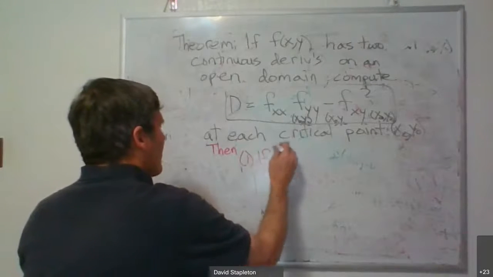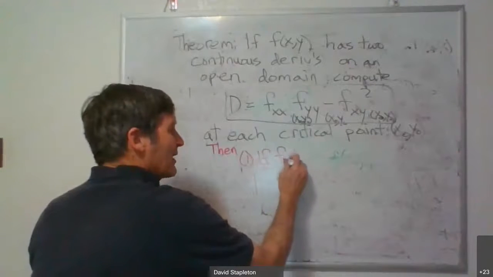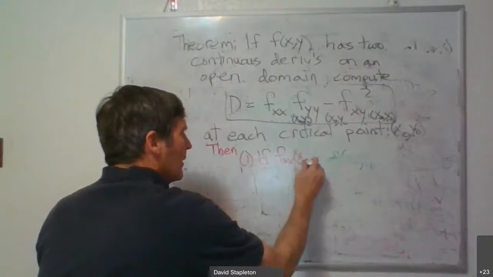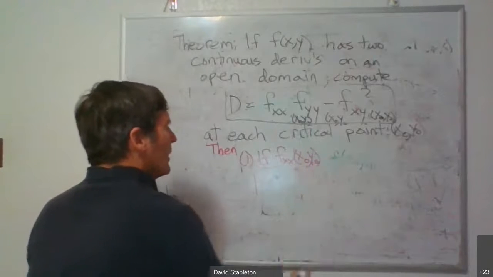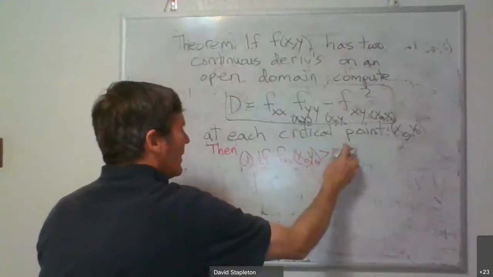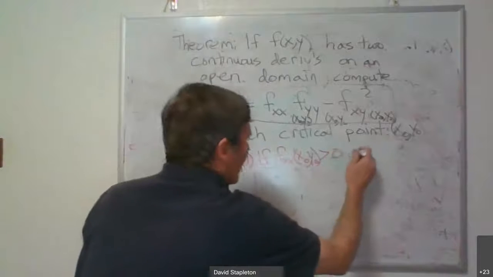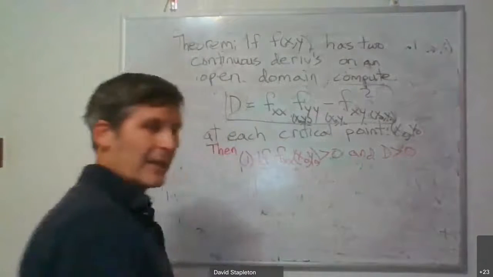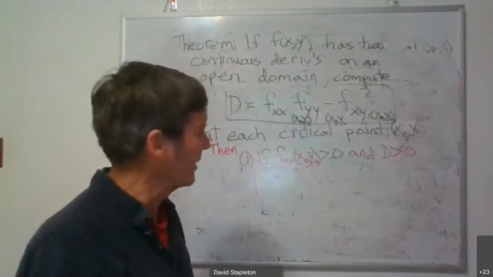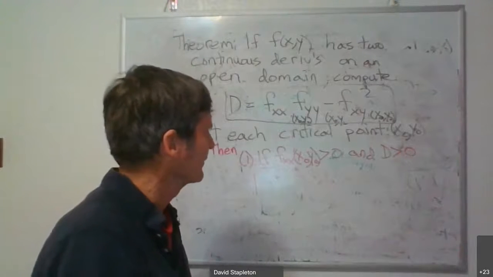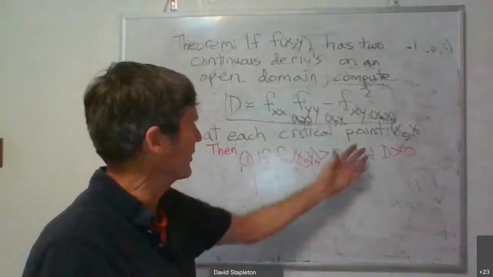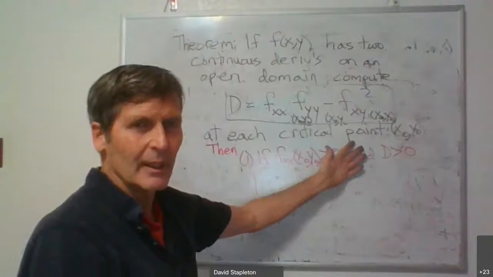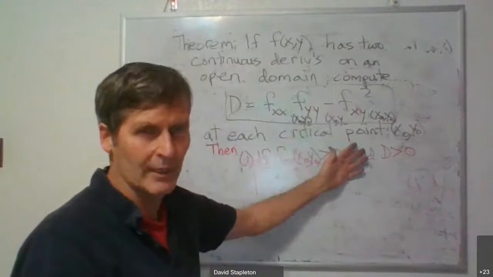if the second partial with respect to x at that point is positive, and D is positive, what might you guess happened? It's a little tricky, but it's not too bad. What happened in calculus 1 when the second derivative is positive? It was concave up and you had a local min, right?